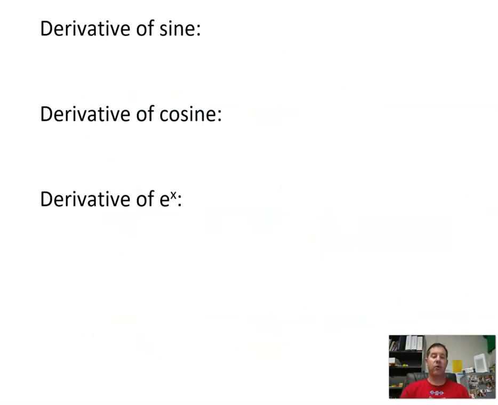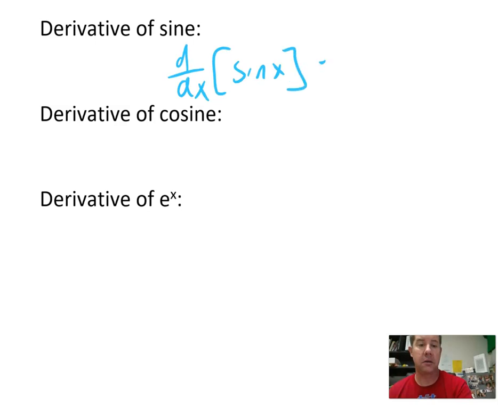All right, and 3 more last little rules that we want to be aware of: the derivative of sine, the derivative of cosine, and the derivative of e to the x. If you take the derivative of sine, the derivative of sine is cosine.